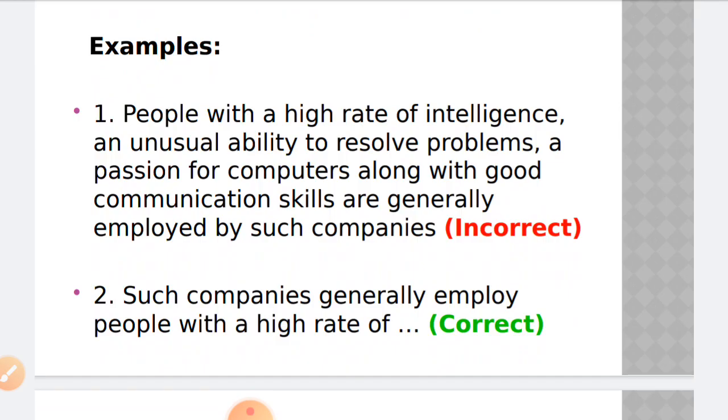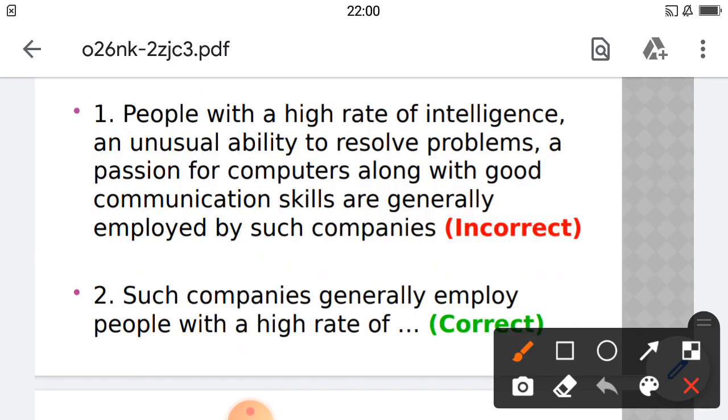Whereas the same sentence can be written with a different kind of word order: such companies generally employ people with a high rate of intelligence, an unusual ability to resolve problems, and so on and so forth. We need to keep in mind that the second type of sentence should be followed rather than the first order, which is not appropriate.